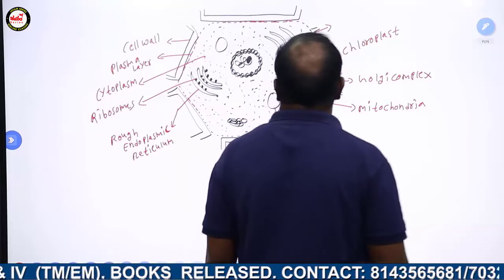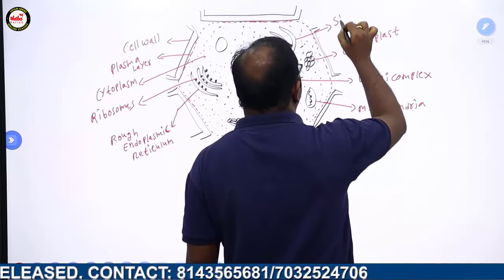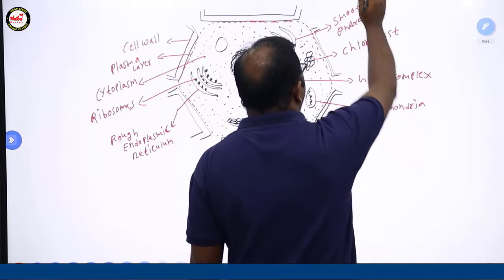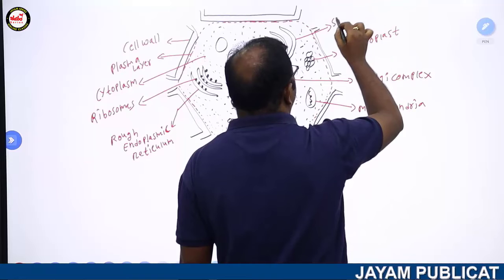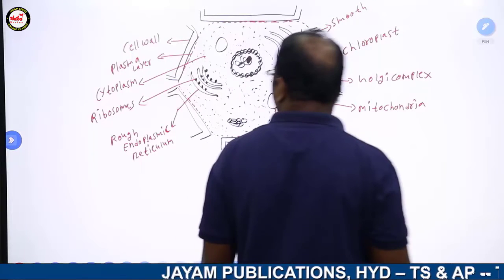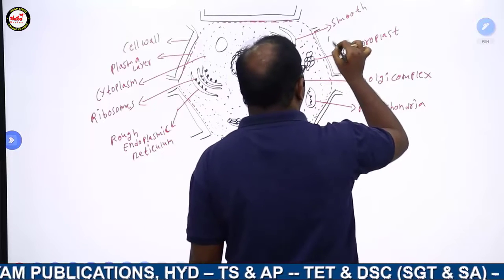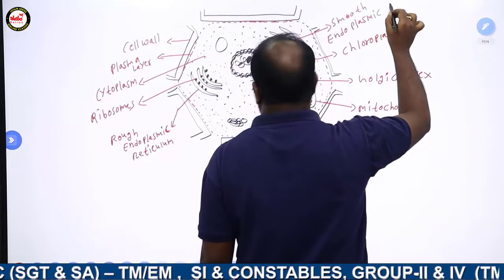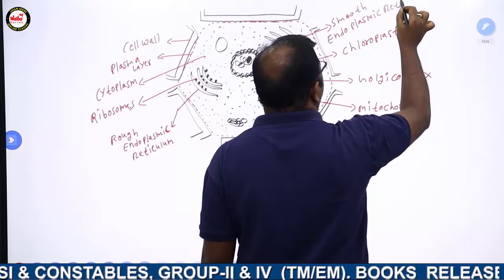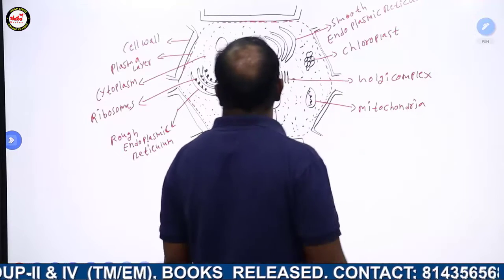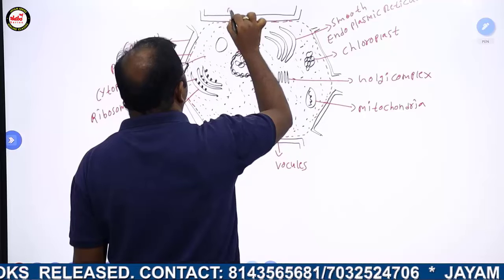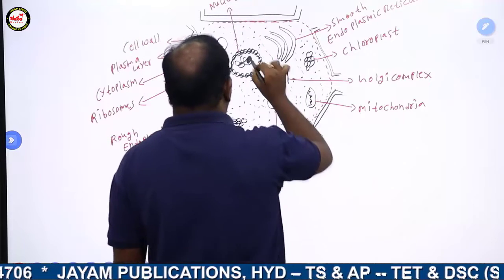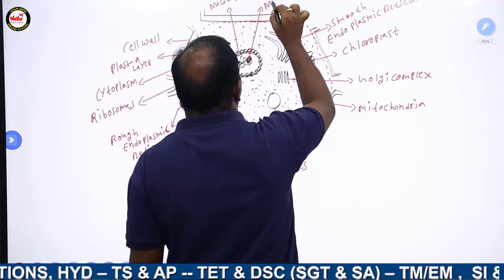And next this is the smooth endoplasmic reticulum, and this is the nucleus, and this is the nucleolus.